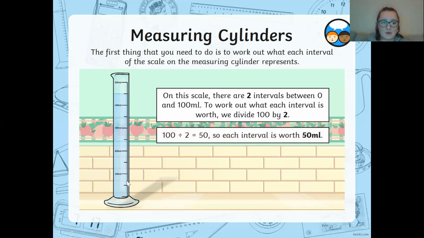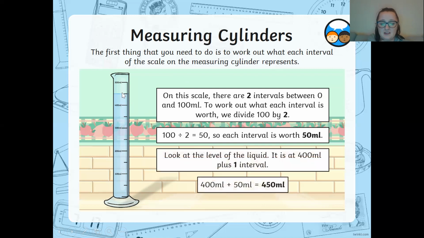So let's work out how much liquid, how much volume there is in this measuring cylinder. So we know it's up to 400 here. It's not above 500 yet, so we've got to 400 and we've got one more interval that, remember, we're counting in 50s. So 400, 450. Well done, superstars.